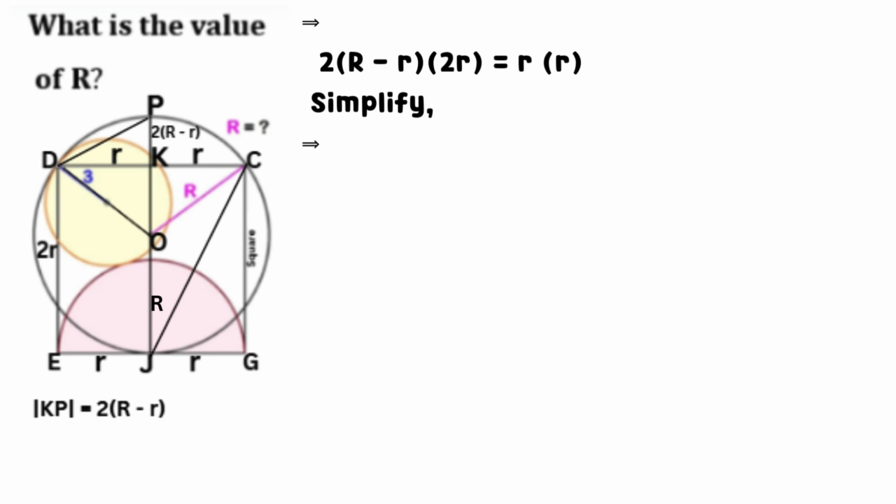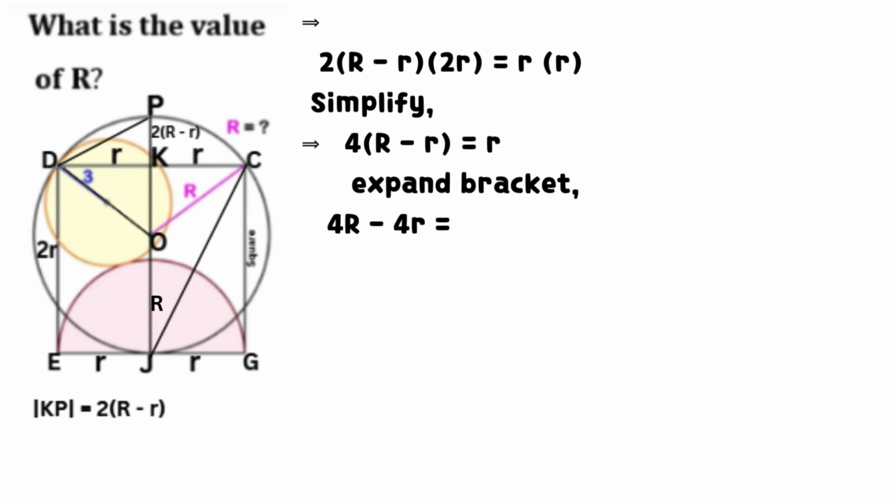We have that 2 times the product of r minus small r, times 2 multiplied by small r, equals the square of small r. Simplify as shown on the screen. Then, expand the bracket, so that 4 times r minus 4 times small r equals small r. Combine like terms.